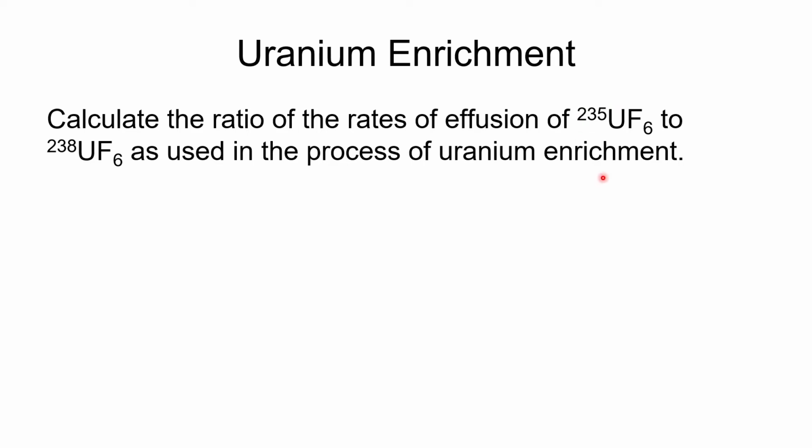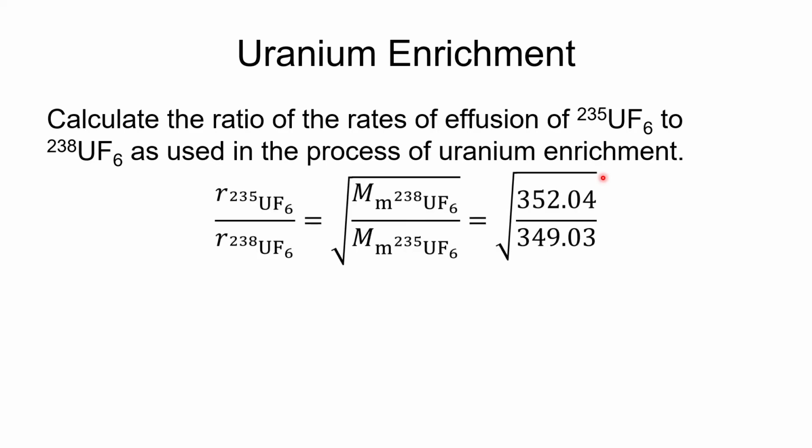Now I'm going to show the calculation here for what would be the ratio of the rates of effusion. So the ratio of the rates of effusion is going to be the rate of uranium-235 over the rate of uranium-238, and we've added in all the fluorine, so we need the molar mass of uranium-238 up here and the molar mass of uranium-235 down here. I've calculated those numbers and put them in, and I'm going to go to calculator split screen.